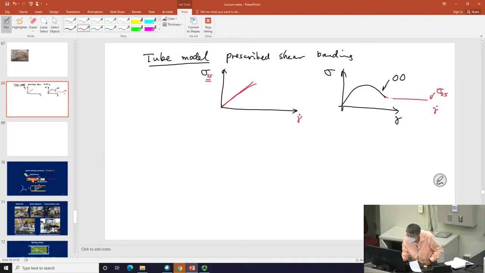That stress is linear in shear rate. Stress is linear in gamma dot. What is that behavior? It's increasing linearly with shear rate. What is that behavior?